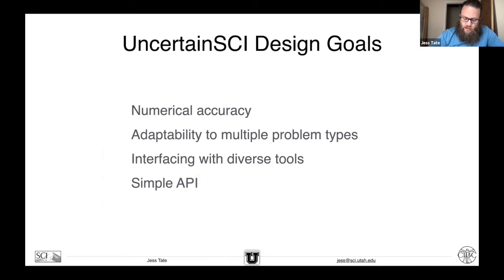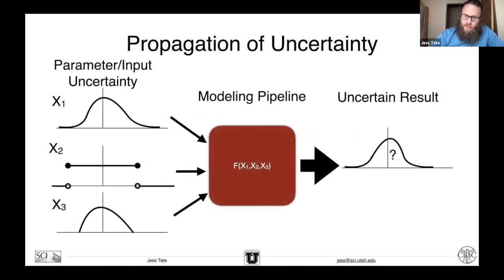And as Akil mentioned, UncertainSCI focuses, at least right now, exclusively on the aspect of uncertainty that he called parameterization uncertainty, or sometimes called propagation uncertainty, where you have input uncertainty, some distribution of your parameters, or maybe one of your inputs into your modeling pipeline, and then that causes some kind of uncertainty on the output.